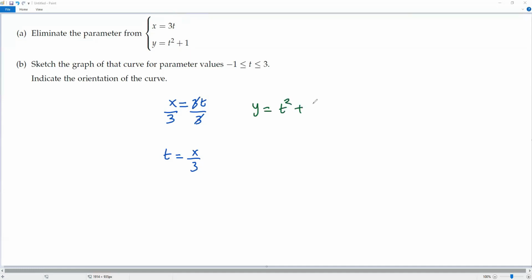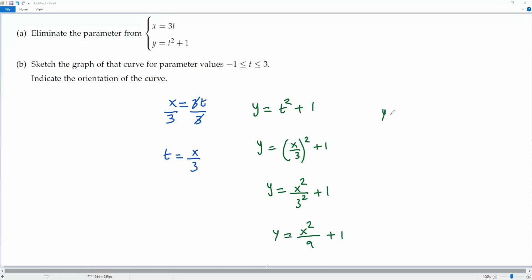So the second equation is y is equal to t square plus 1. So you have to replace t by x over 3. So y is equal to, so here 2 is a common exponent for the fraction x over 3. So this exponent 2 can be taken for numerator and denominator. So we get x square over 3 square plus 1. y is equal to x square, we know the value of 3 square is 9, so x square over 9 plus 1.